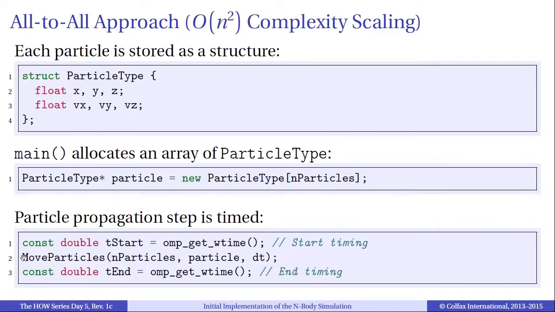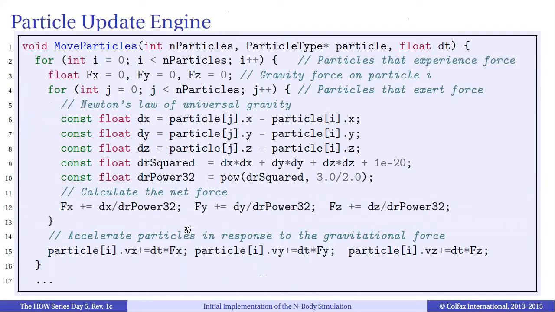So what I will do is I will write a function into which I feed the number of particles and the array with particle data, and I tell it how much to propagate these particles by what time step. And then when I start running, I will record the time. When I stop running, I will record the time, and by finding the difference between these times and converting it to performance, to flops per second, I will compute performance.